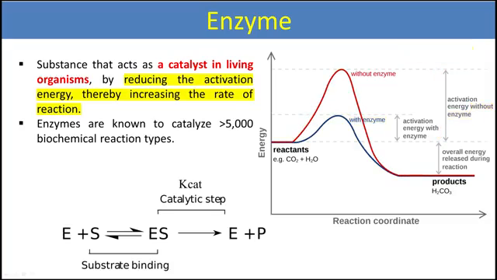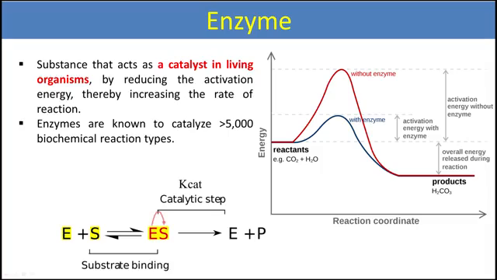There are over 5,000 different types of biochemical reactions available in the living system, and enzymes are the major player in triggering and facilitating the biochemical reactions. As you can see in this diagram, enzyme binds to substrate, forming an enzyme-substrate complex.